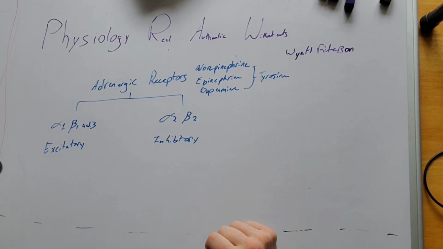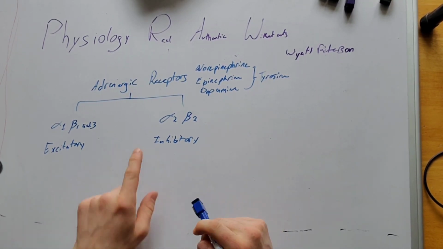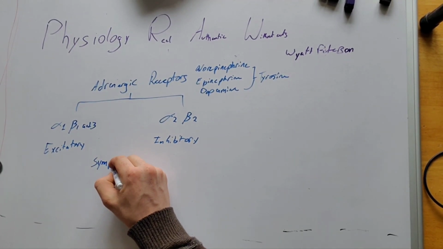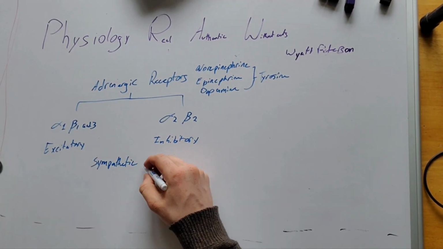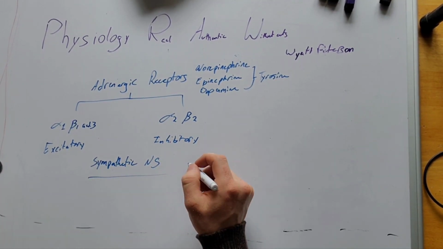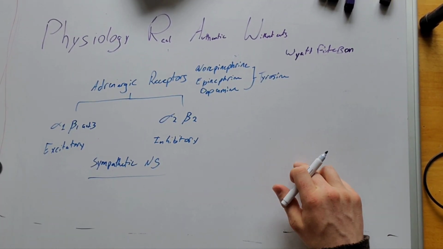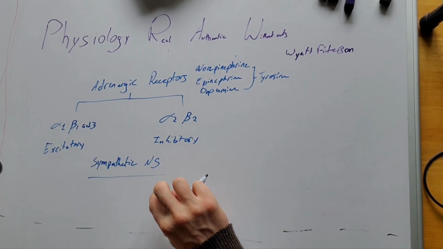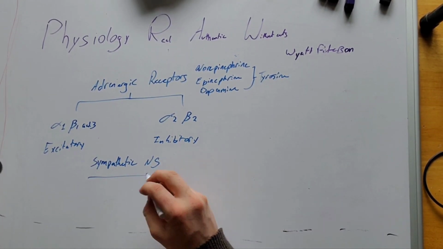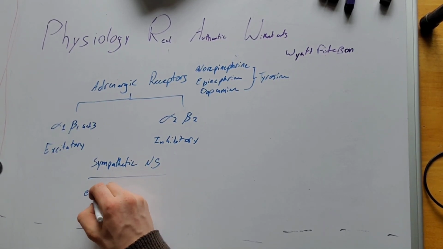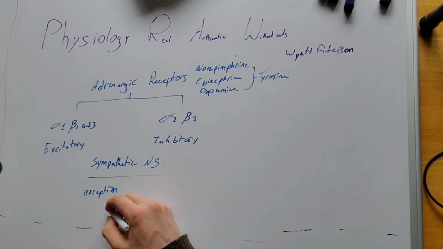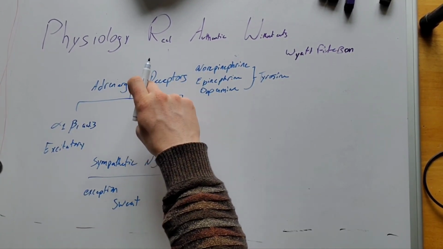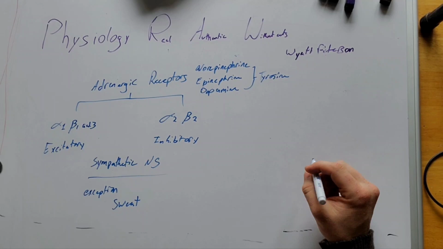Let's think. And I think these ones are in the sympathetic nervous system. Well, the parasympathetic is that acetylcholine, but there's an exception, which are the sweat glands.